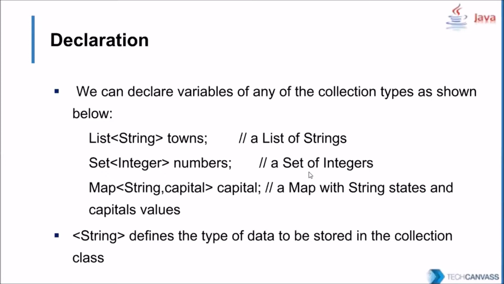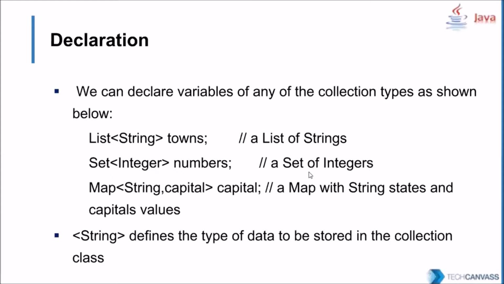Now look at the declaration where I say Map string comma string for capital. It says that you have to store data in the format of string comma string. Capital will always be a string.